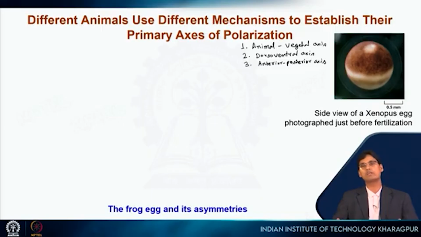And dorsoventral, you understand from the name itself. Dorsal is the back side, and ventral is the front side. For example, in humans, the front side is the ventral part and the dorsal is the back side. The third one is the anterior posterior axis, so the head and tail part.